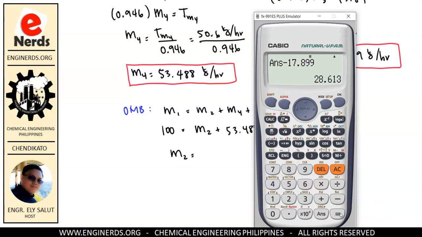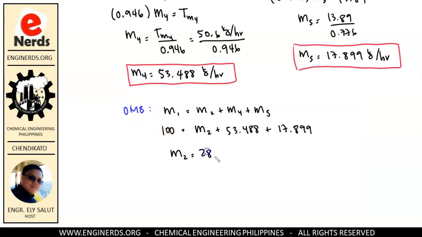So our M2 is equal to 28.613. So we have here 28.613 kilogram per hour. Okay, so now we know the value of M2.